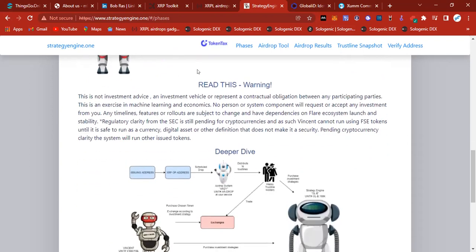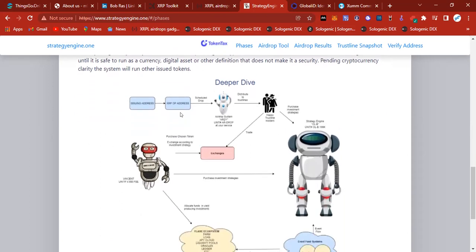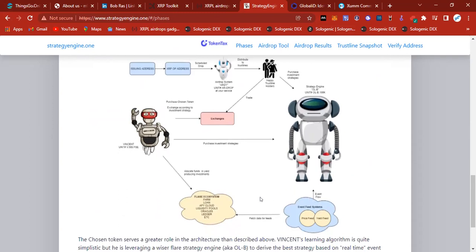And you see this is not investment advice, so they give us a warning about that. And you see it's a deeper dive. So basically, we are purchasing the token to buy investment strategies for the Flare ecosystem.